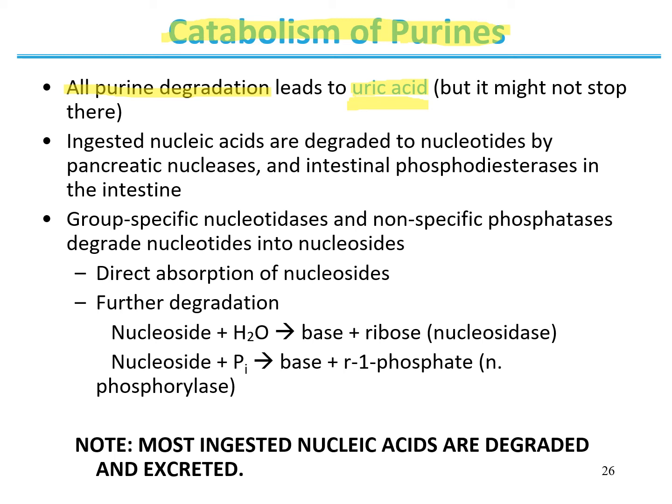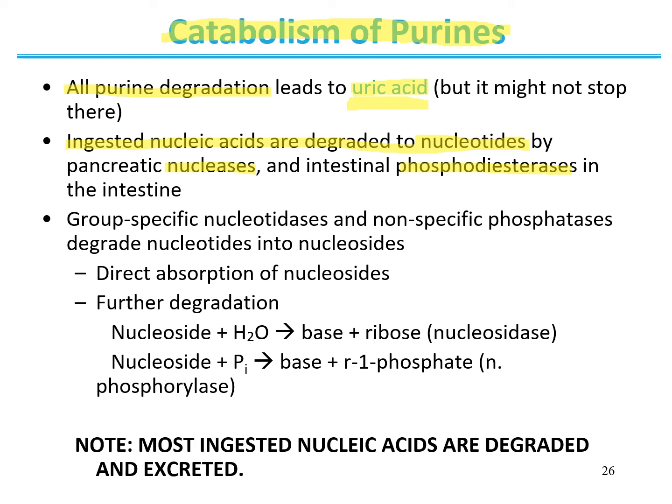Now another important thing to remember is all the ingested nucleic acids are degraded into nucleotides. So any kind of food that we eat, if it had any nucleic acids in it, any DNAs and RNAs, they will always be broken down to nucleotides in our body by the pancreatic nucleases. These are the enzymes that break them. And then we have intestinal phosphodiesterases as well in the intestine.